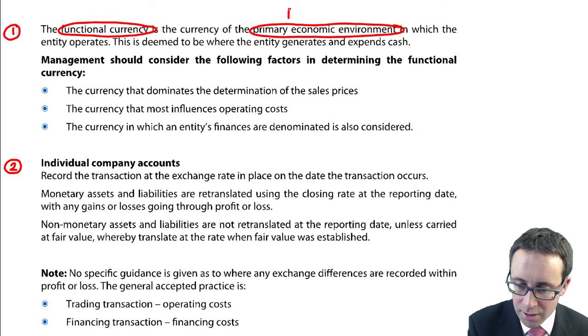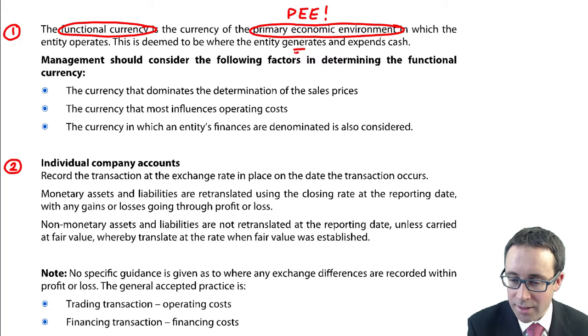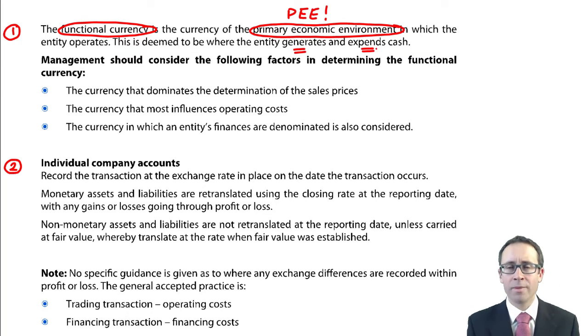Quite a fancy word, isn't it? It's the primary economic environment, and that essentially means whereby you generate and spend cash. That determines your primary economic environment.